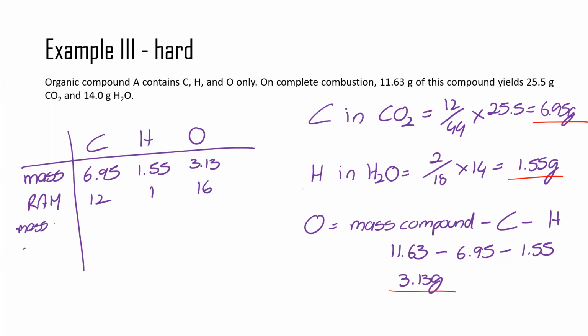Mass divided by the RAM is going to be equal to 0.58, 1.55, and 0.196, and the ratio is equal to 3:8:1. So the empirical formula in this case will be C3H8O.